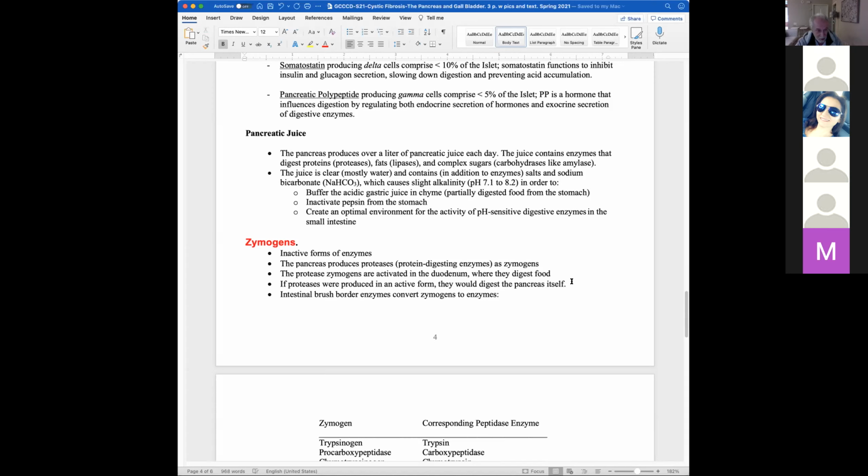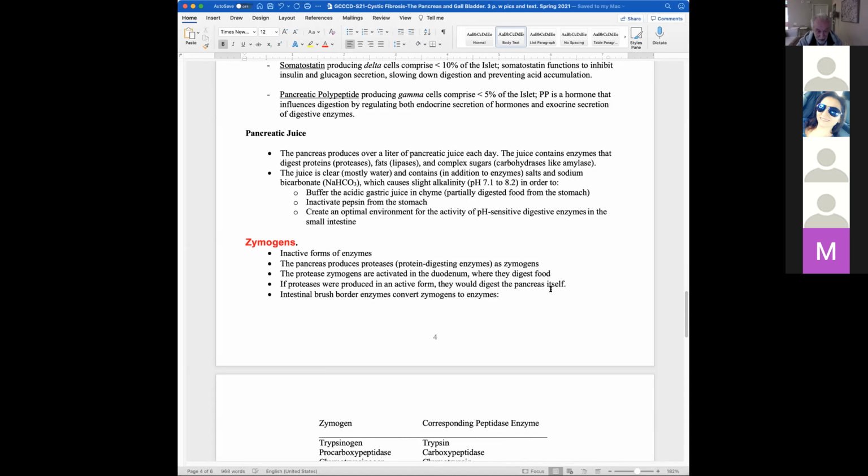So they're produced as zymogens in an inactive form, and they don't become active until they get into the duodenum, where they're activated by enzymes to convert them to active proteases. Is that clear? Everybody understand? The zymogen is inactive and it has to be activated in order to do its job.